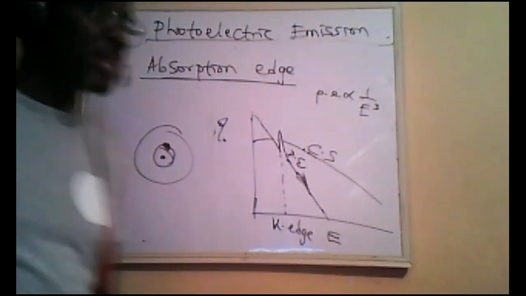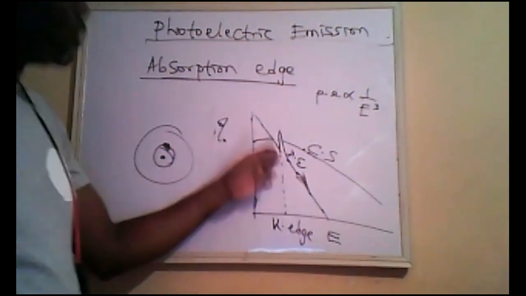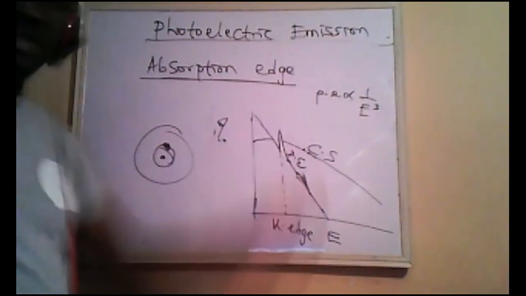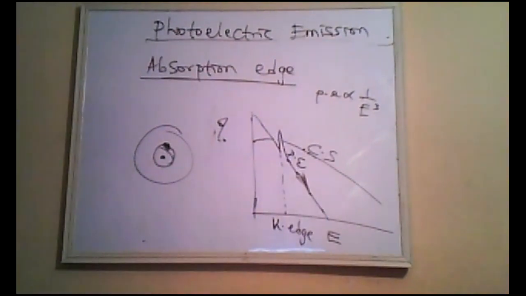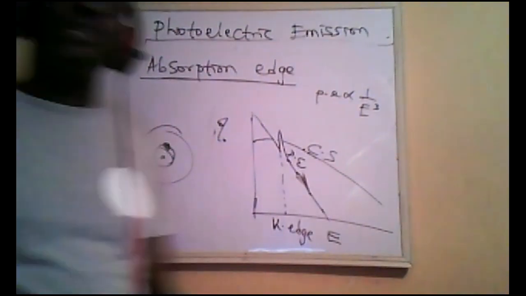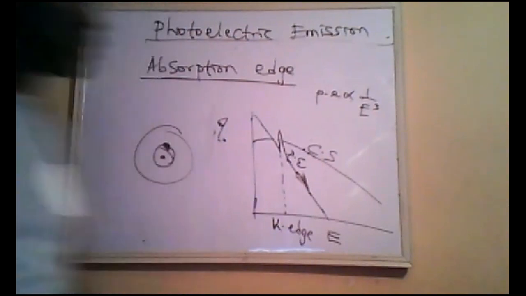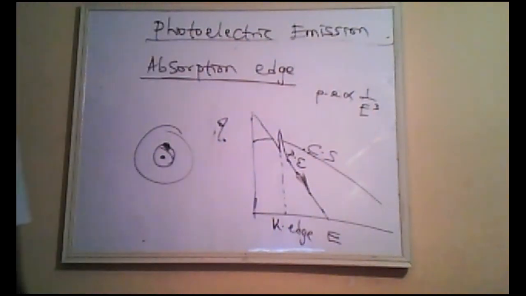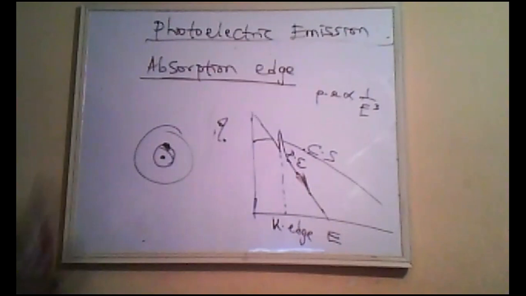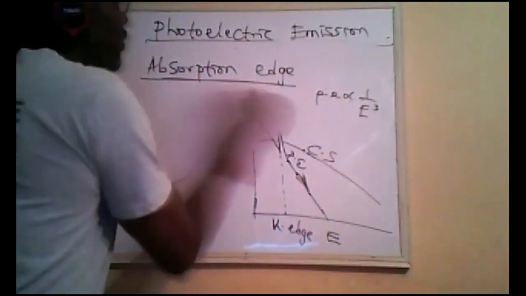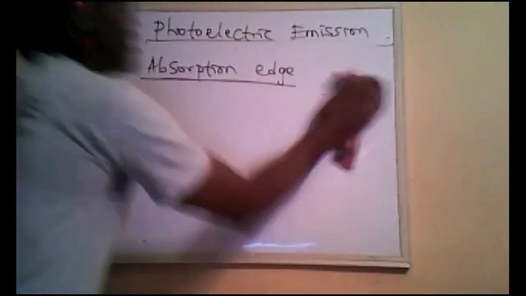Filters are selected so that you have a good portion of characteristic X-ray relative to bremsstrahlung, because with enough characteristic X-ray, you could fine-tune the X-ray spectrum to be somewhat manageable. So these are some of the features of photoelectric emission: the presence of an absorption edge.